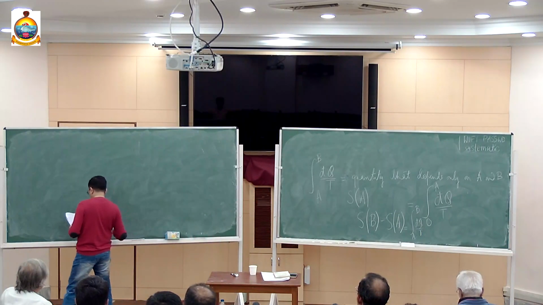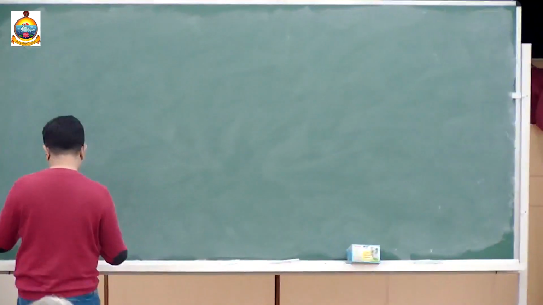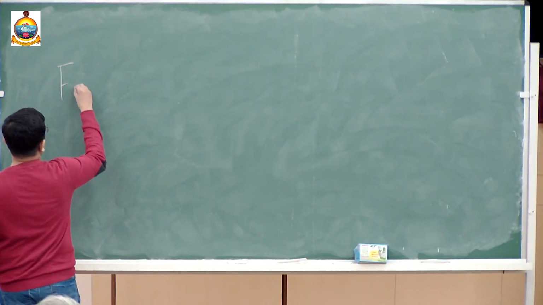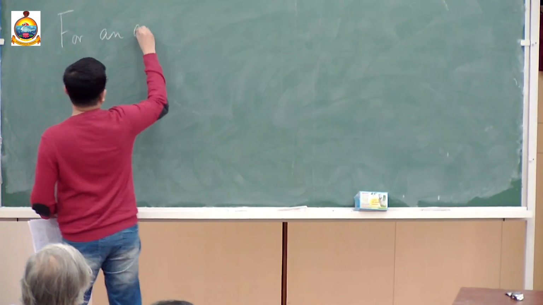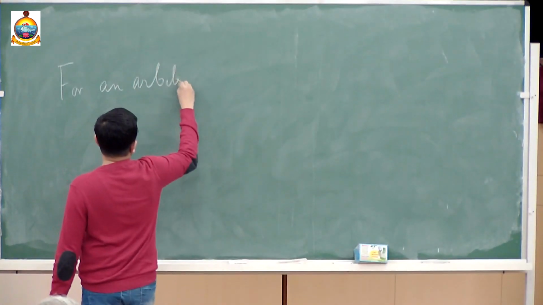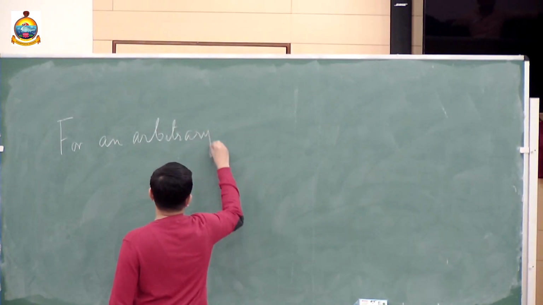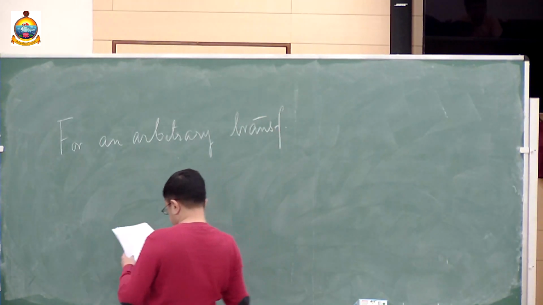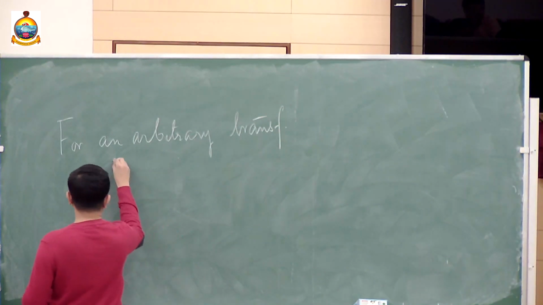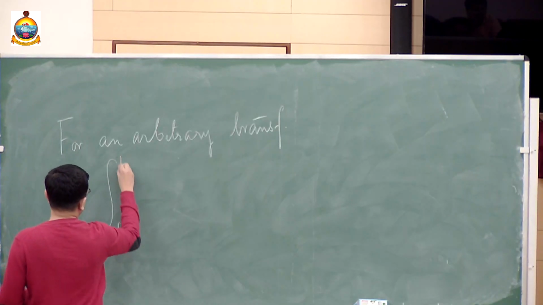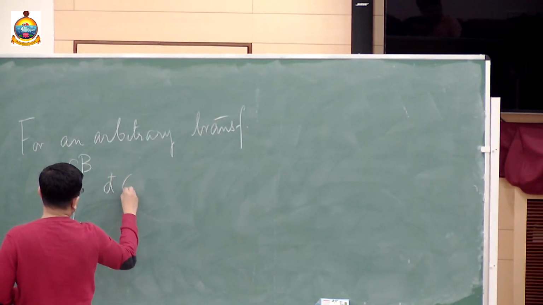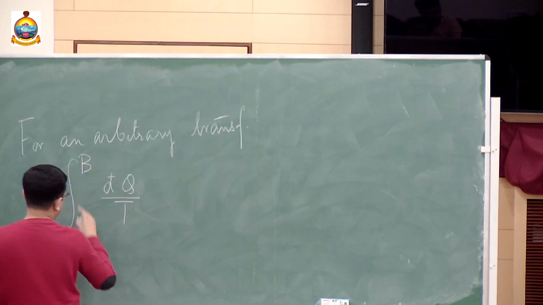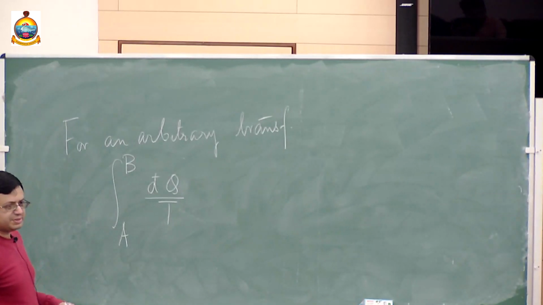Okay, so the next thing is to show that for an arbitrary transformation that takes you from A to B, it doesn't have to be reversible.